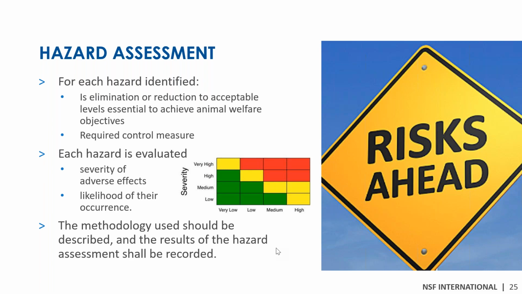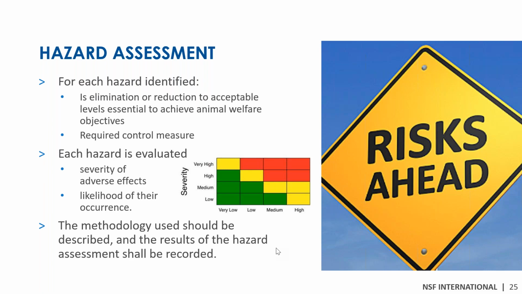And then you're going to determine whether or not a required control measure is needed. I like the grid on there for severity and likelihood, because the next step is taking a look at each hazard and determining the severity of adverse effects if you had no control, and the likelihood of their occurrence if you had no control.